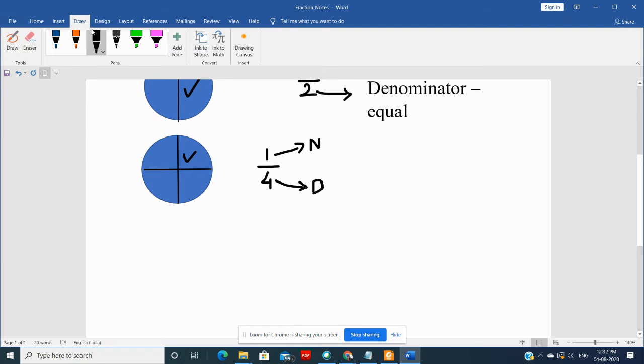So when you write 1 upon 2, it is read as half, or one by two.